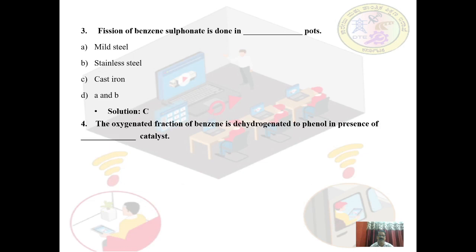Fourth question. The oxygenated fraction of benzene is dehydrogenated to phenol in presence of dash catalyst. Options are A, nickel, option B, silver, option C, copper, and option D, iron. Right answer is option A, that is nickel catalyst.